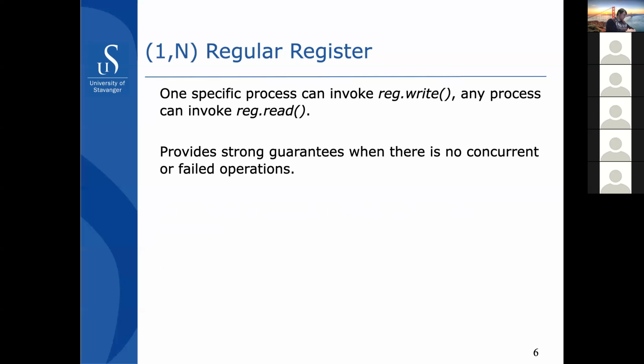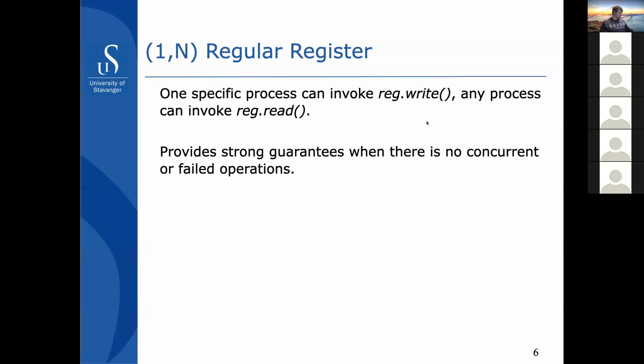So the first register that we have is one writer and N readers. N readers usually means all the processes in the system, so any process can read.